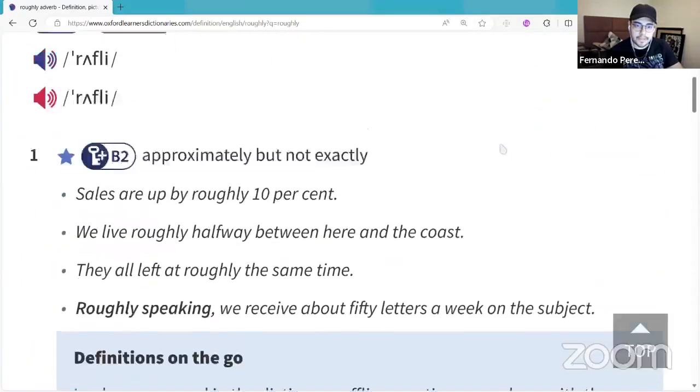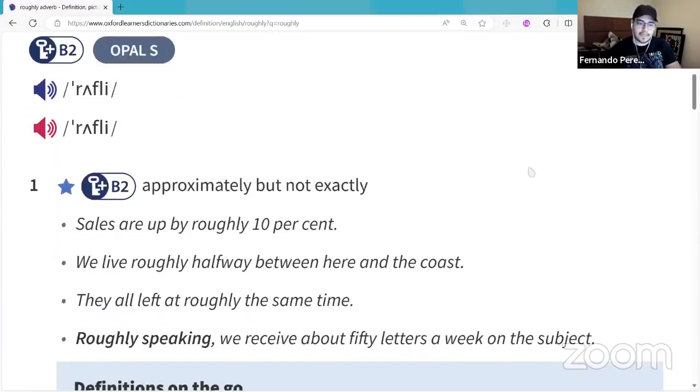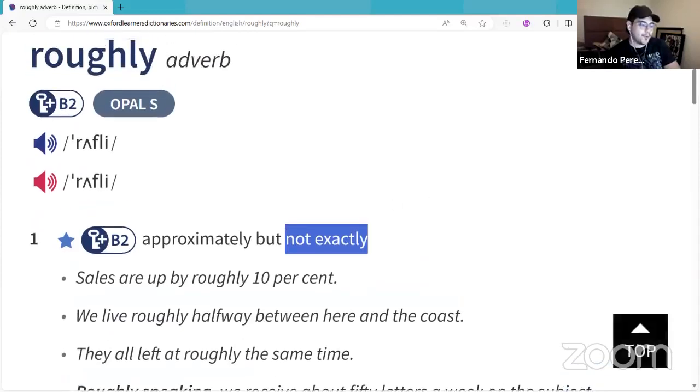What about this? Ah, yes, not exactly. If you are using the word no, and you say not exactly no, you can say roughly no. You know? So we can use this.